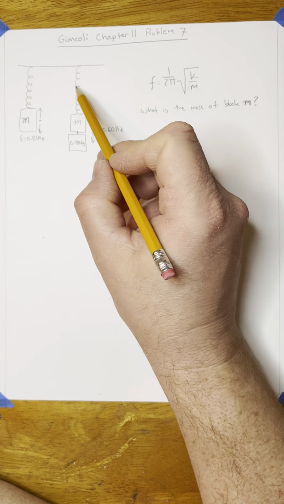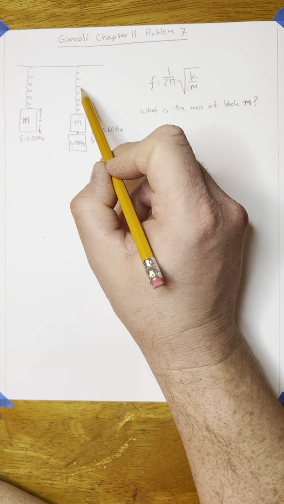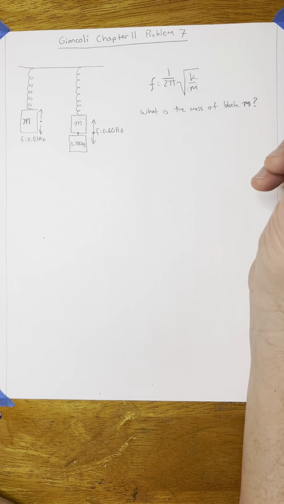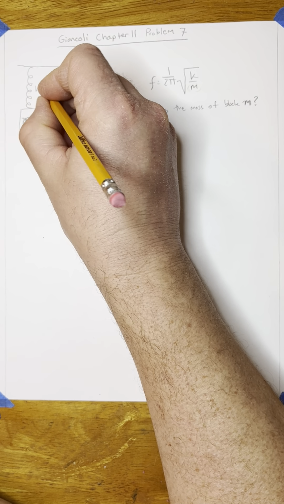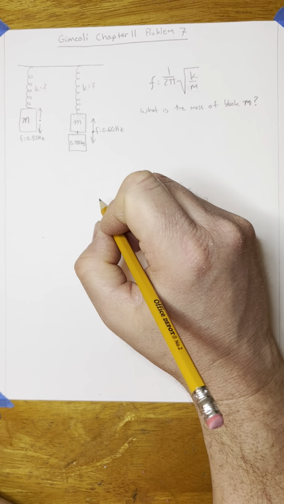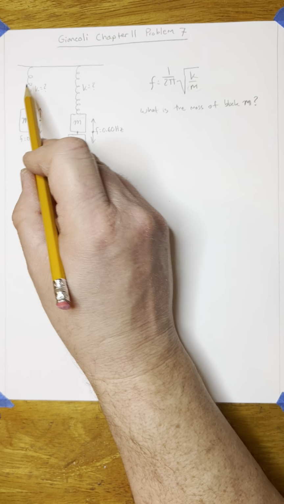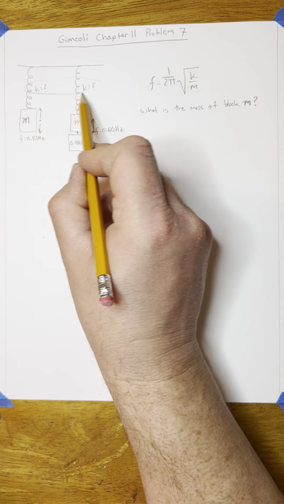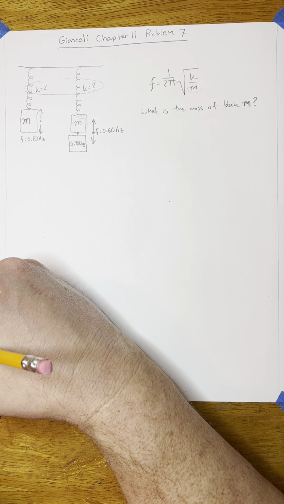Well, we still have the same spring. Okay, so this spring hasn't changed. Notice one thing that they don't give us in the problem is the spring constant. We don't know what k is, and this is the same spring, but we still don't know what k is. However, if this spring and this spring are the same spring, these two k values are equal to each other.